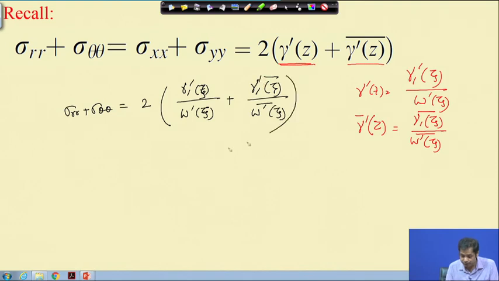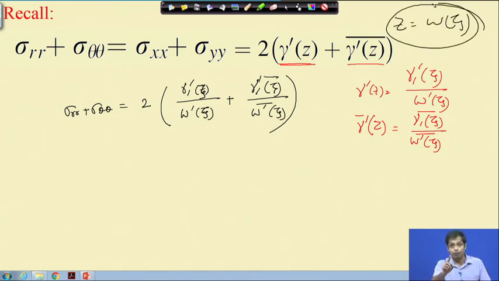Okay, this is the expression. Now what we have done is rewritten the expression, which was in terms of z, in terms of zeta. Using the map z is equal to w of zeta, and this map is a conformal map.